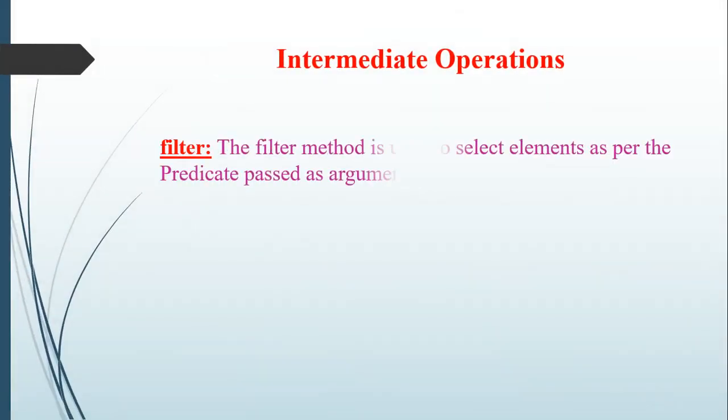The next intermediate operation is filter. The filter method is used to select elements as per the predicate passed as an argument. If we want only certain things to be passed, then we can apply filter.